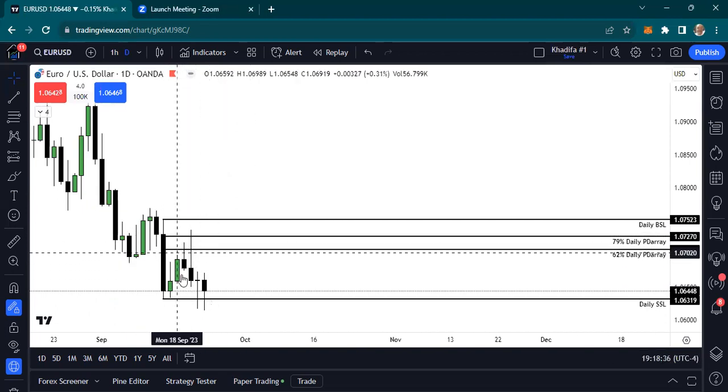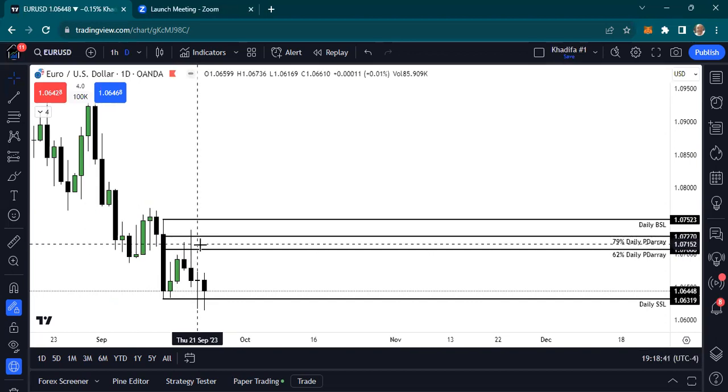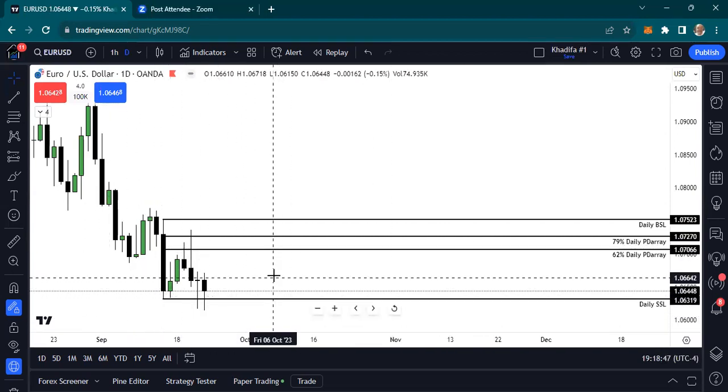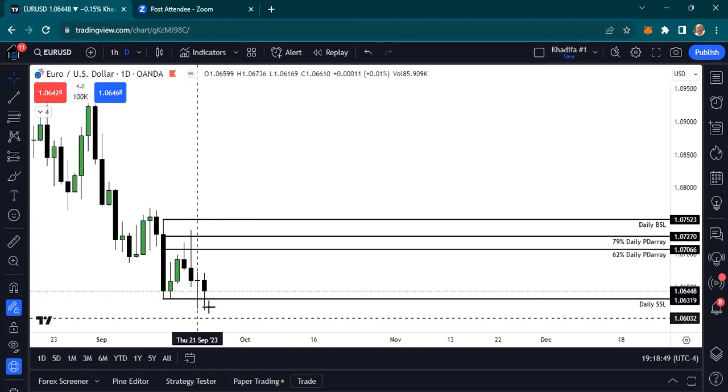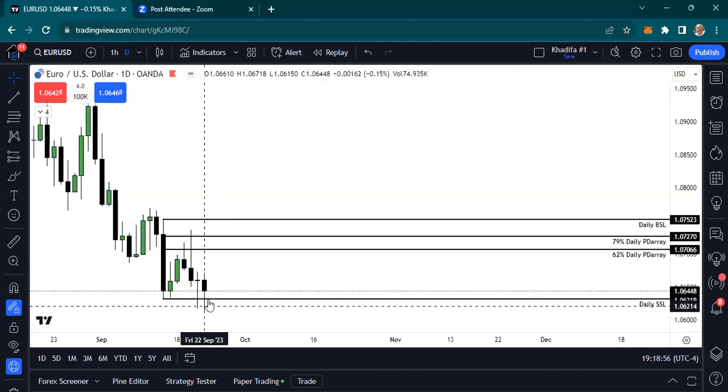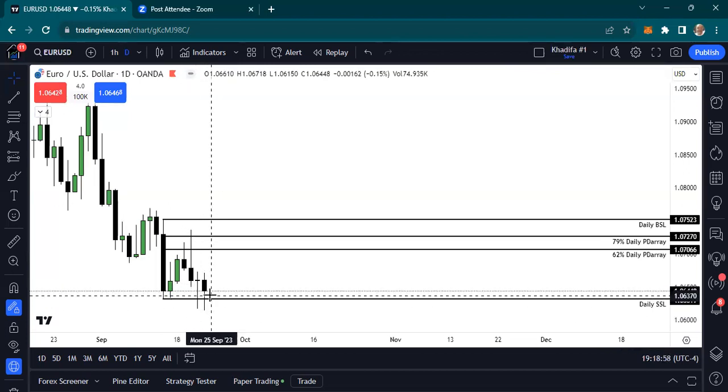And then Wednesday, I told you guys that if we could not see price break back above this PD array level, I expected us to run sell side liquidity. And we got that, right? And we closed the week hanging around this area down here for EURUSD.